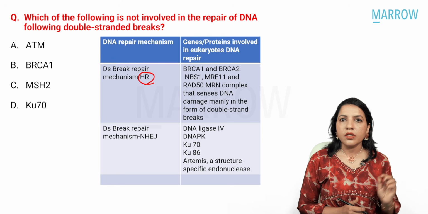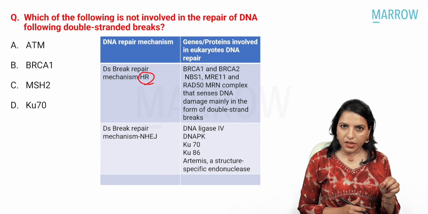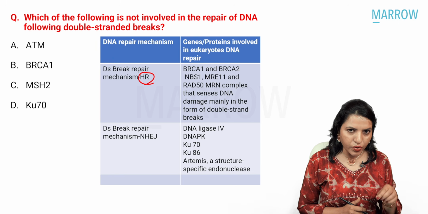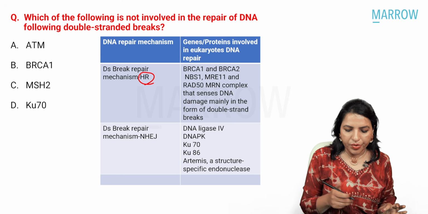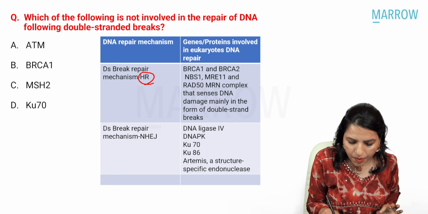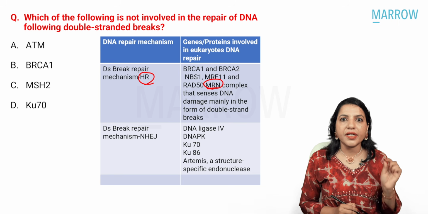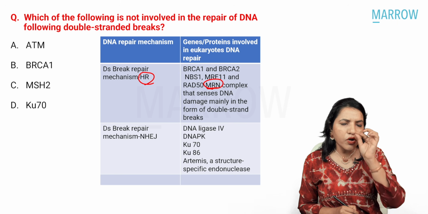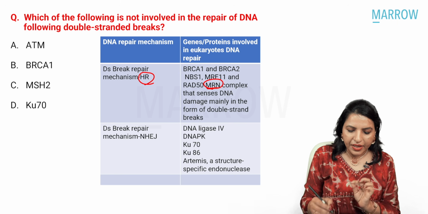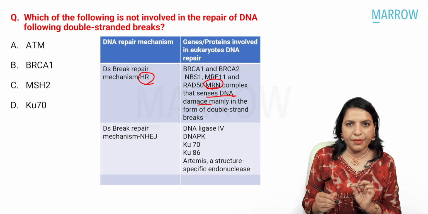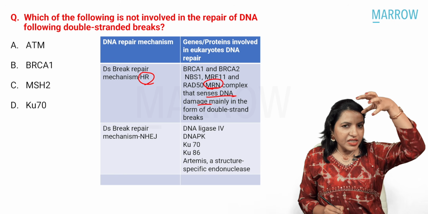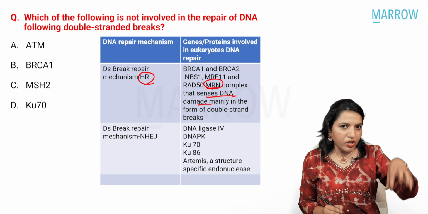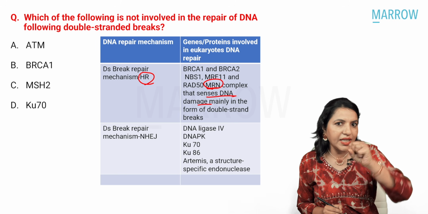BRCA1 and BRCA2 proteins and their corresponding genes are involved in homologous recombination. Then there is a complex called the MRN complex. Its role is to sense DNA damage. If DNA damage is there, this trimolecular complex senses it.